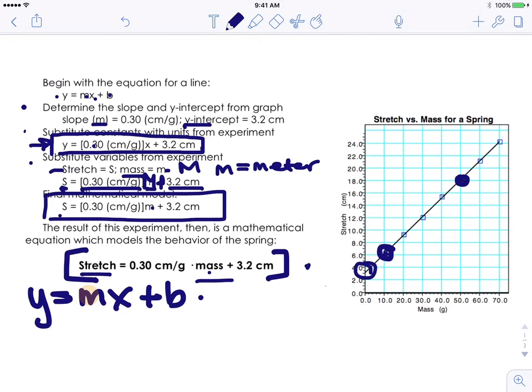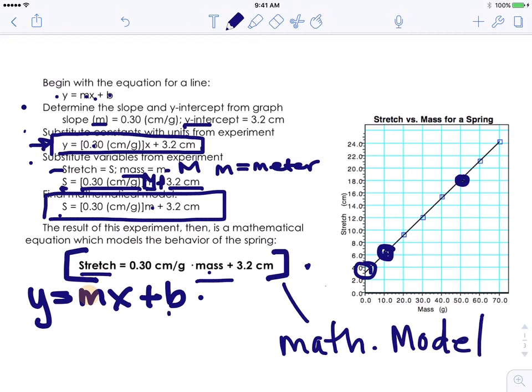It's a little bit easier when you're talking about distance or displacement or time or velocity or acceleration just to use the abbreviations. And we'll talk about later what the abbreviations are for all those terms. So this is the difference between your mathematical model, which I'm going to abbreviate as math. model, and this right here, your equation of a line, or what I like to call EOL.